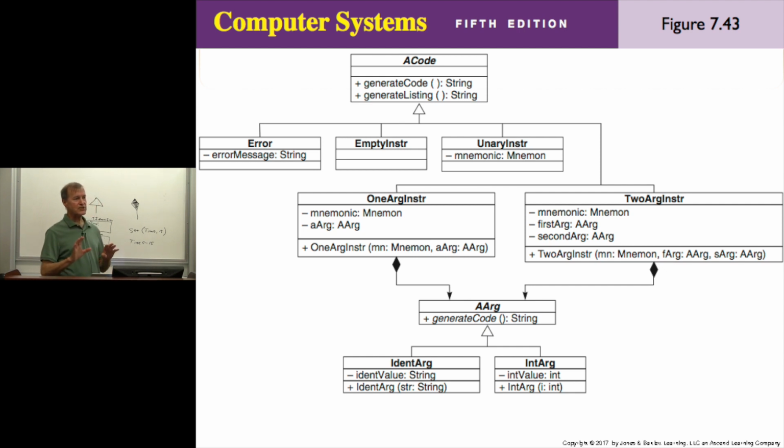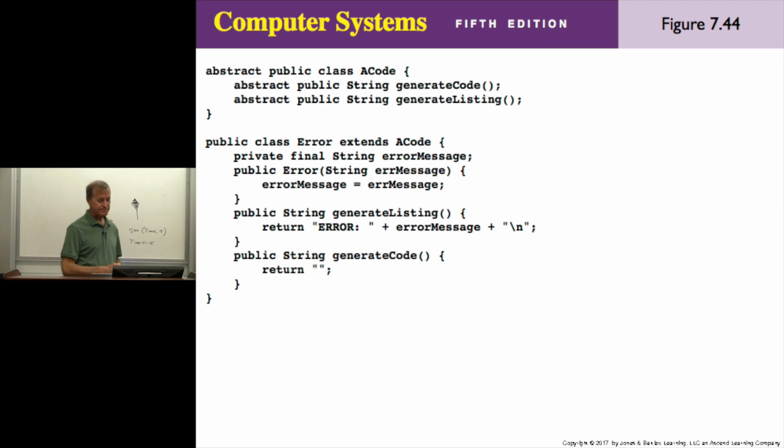Okay, now, are there any questions about how these classes are organized and constructed, and what is in them? Okay, so now let's see how they work. Here in figure 7.44 is the definition first of the abstract code at the top. It has two methods, generate code and generate listing.